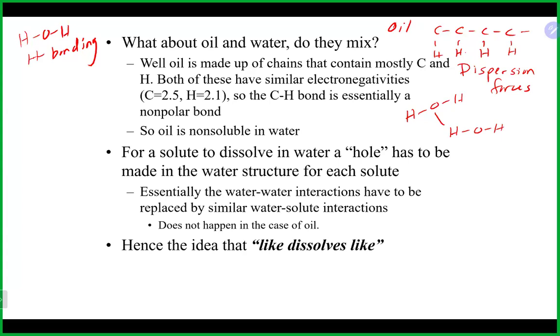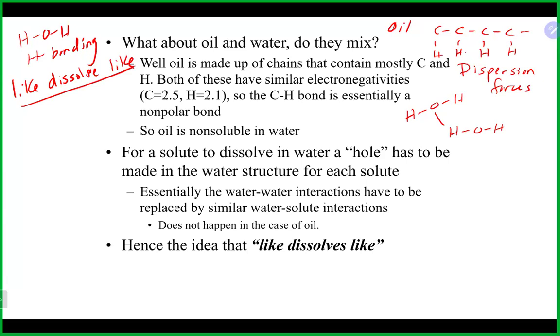So when we talk about solubility, one of the big things that people say, and one of the things that we sort of go with, is this idea of like dissolves like. Basically, what that means is if you want to mix two things together so that they're soluble with each other and mix very well, you want both of those things to be using basically the same type of intermolecular forces.